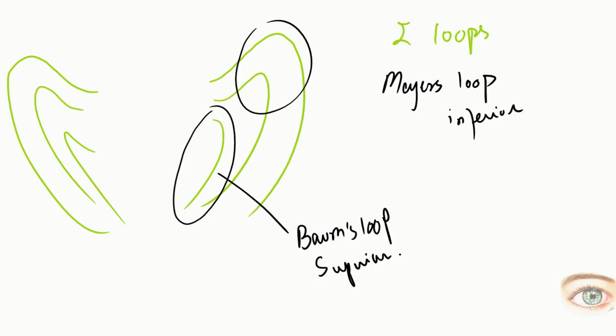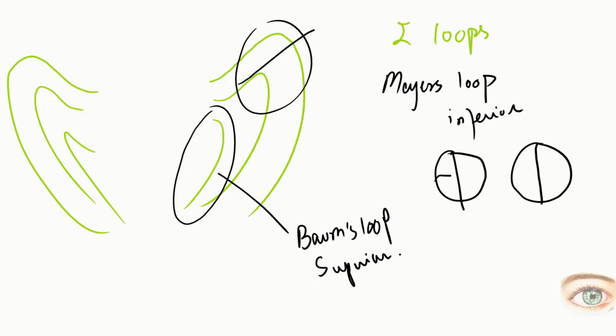Now, if a lesion occurs right over here, since it is carrying the inferior fibers from both the right side and the left side, it is going to cause a quadrantanopia.